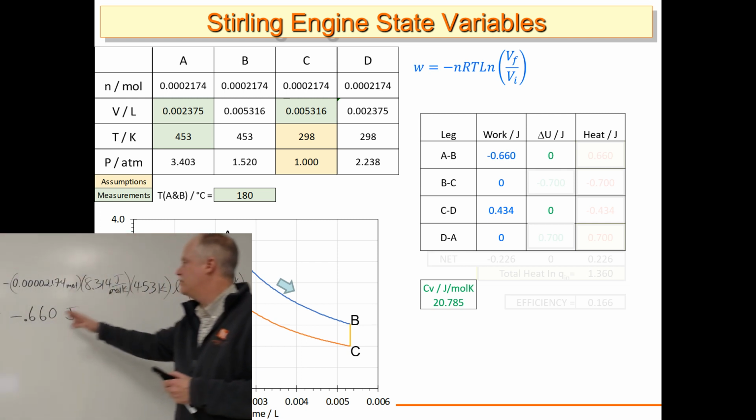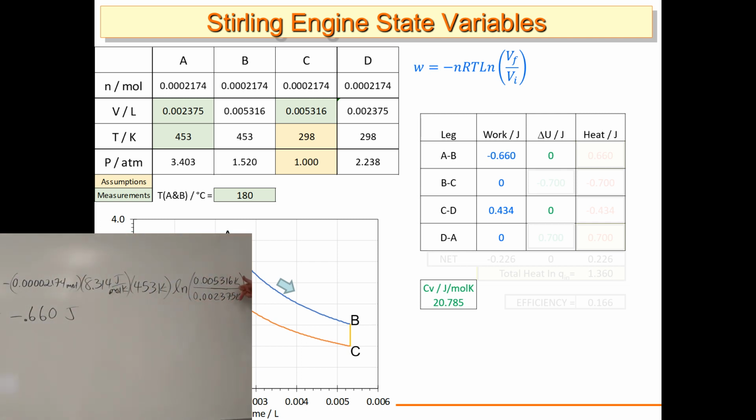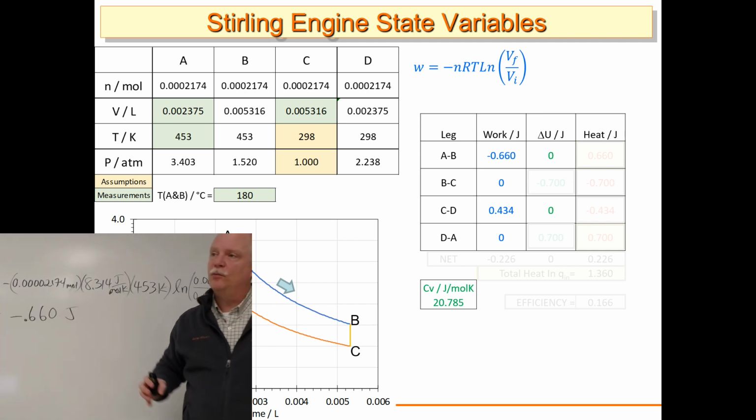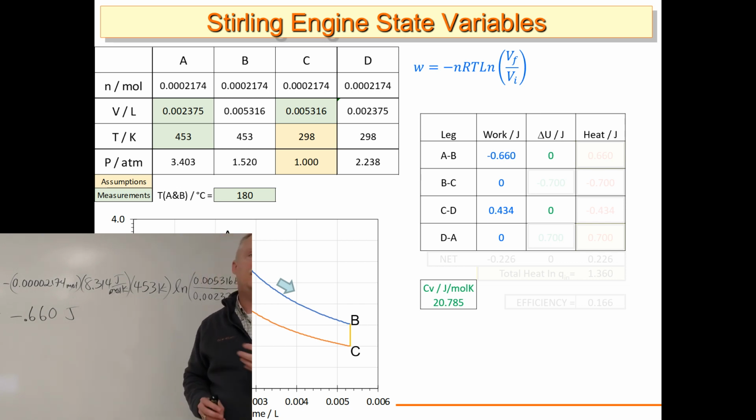Now, where'd this negative sign go? When we flip this ratio, we have the log of a number that's less than 1, so it's negative. That cancels the negative sign, and we end up with a positive work value because we're compressing the gas. So we're doing work on the system by compressing it.